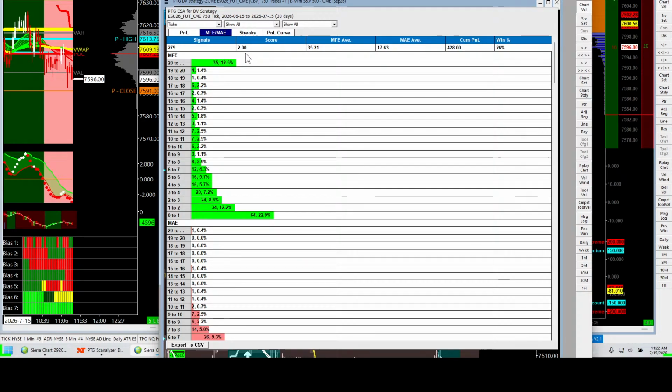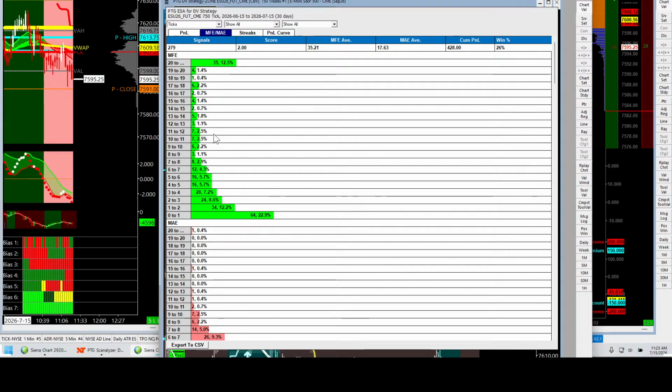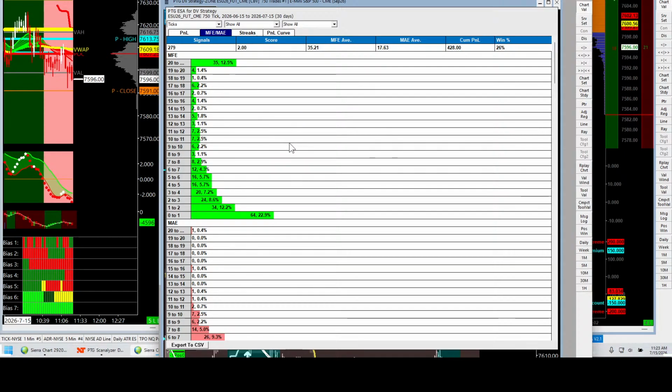So that creates a score of 2. That's not a profit score or anything else. It's just a scoring that there are greater favorable excursions than negative excursions.